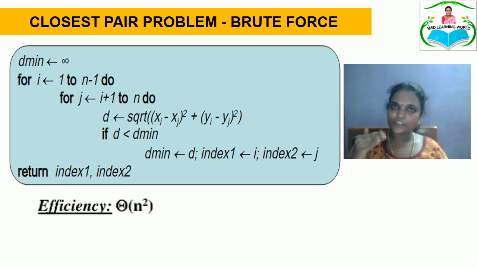The algorithm for the closest pair problem starts with initializing the minimum distance value, then starting the outer i loop, which runs n number of times for deciding each point from 1 to n. Then comes your inner j loop, which is executed from i plus 1 to n, and this j loop is also going to be executed up to n number of times. In the inner j loop, it finds the distance between the 2 points. Then, if the distance that it has found recently is less than the previously stored distance, the values are updated. Then the j value is incremented.